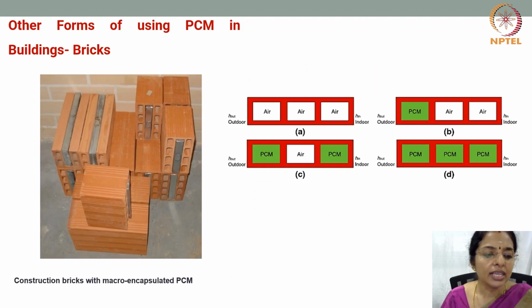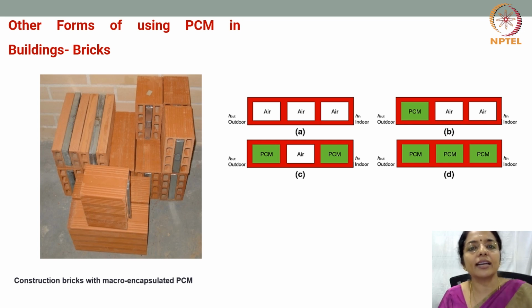So how does a PCM integrated brick look? So PCM integrated walls are like, now this is a passive cooling element for curtain wall construction. So it consists of a translucent PCM layer. So what all options are available?